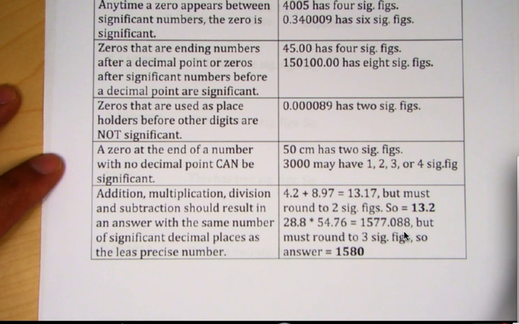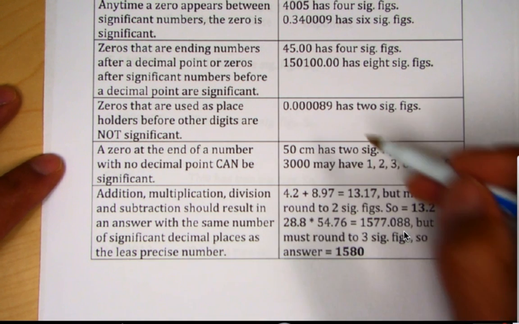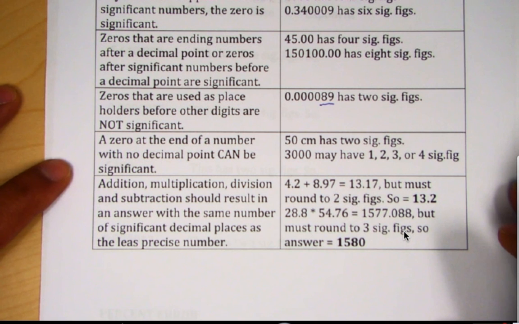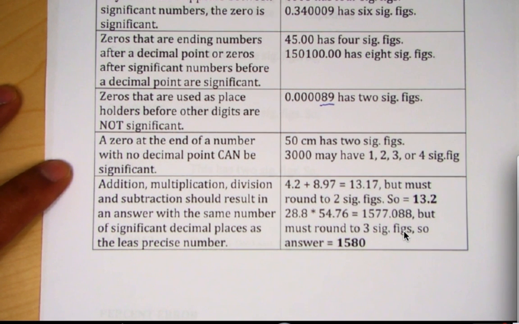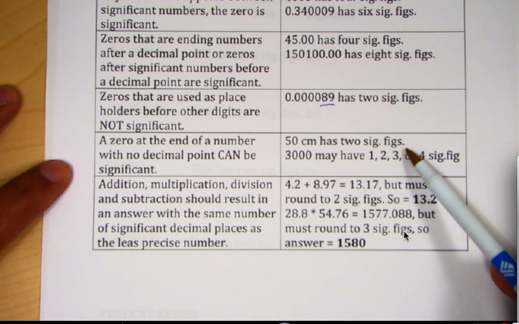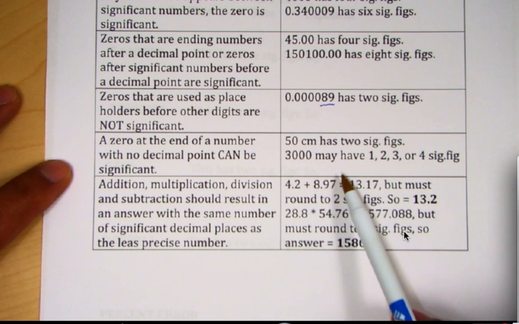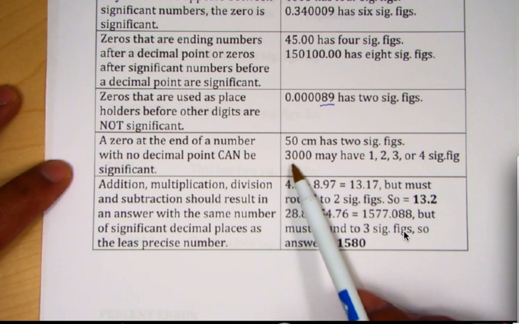Zeros that are used as placeholders before other digits are not significant. So in this example, only those 2 are significant. Now, zeros at the end of a number with no decimal point can be significant. For example, 50 would have 2 significant figures, but 3,000 could have 1, 2, 3, or 4.